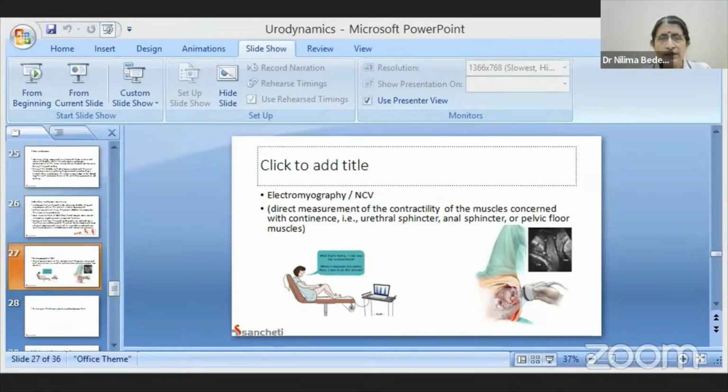In the chart, how many ticks are there on average over at least 3 days? We get to know how many times the person goes at night. If the person feels urgency, they should be asked to mark that if possible, and when the leakage occurred. So it is the intake-output volume.